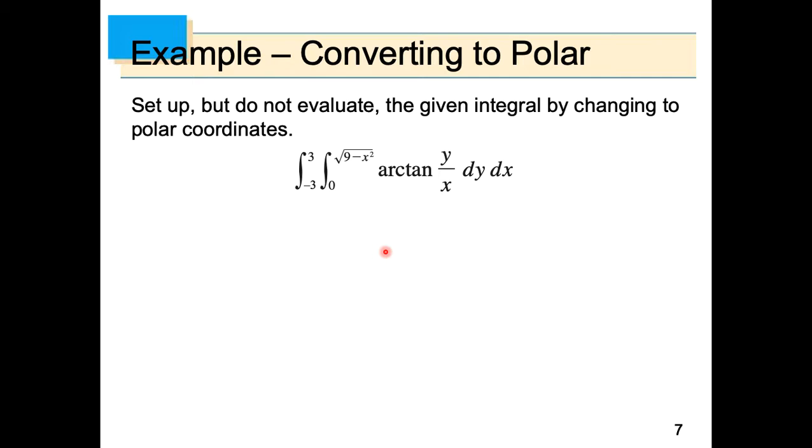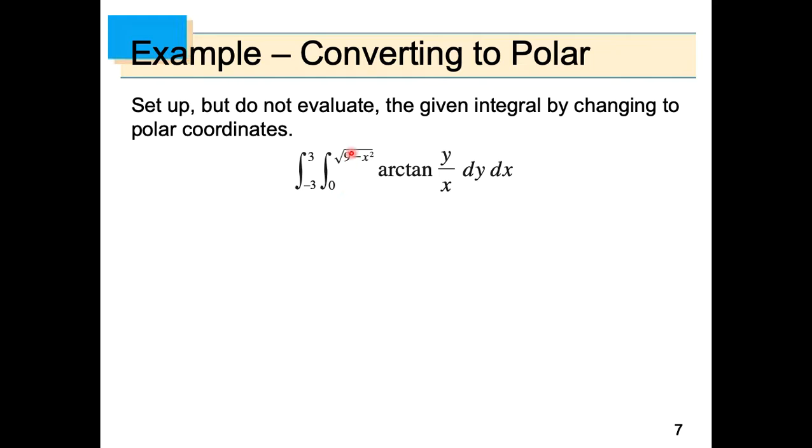Now, the first best course of action, again, if you can, is to try to draw the region, and the region is basically going to be based on these figures right here. And again, please notice that the differential here, dy, corresponds to my integral that goes from 0 to radical 9 minus x squared. So these are y values.